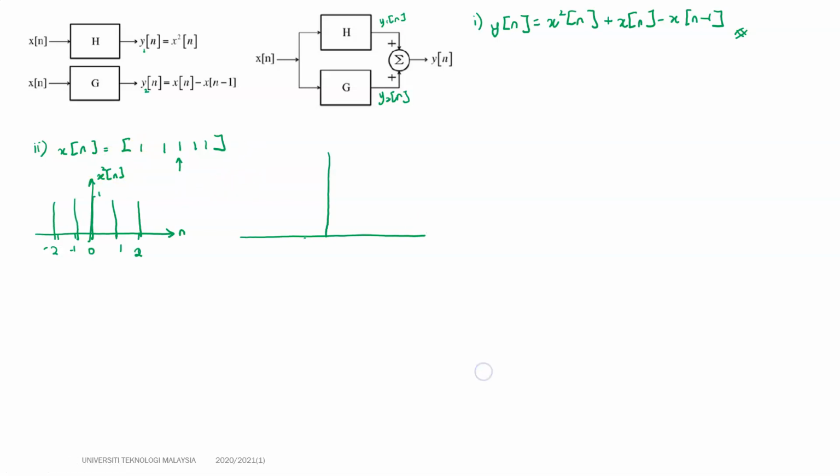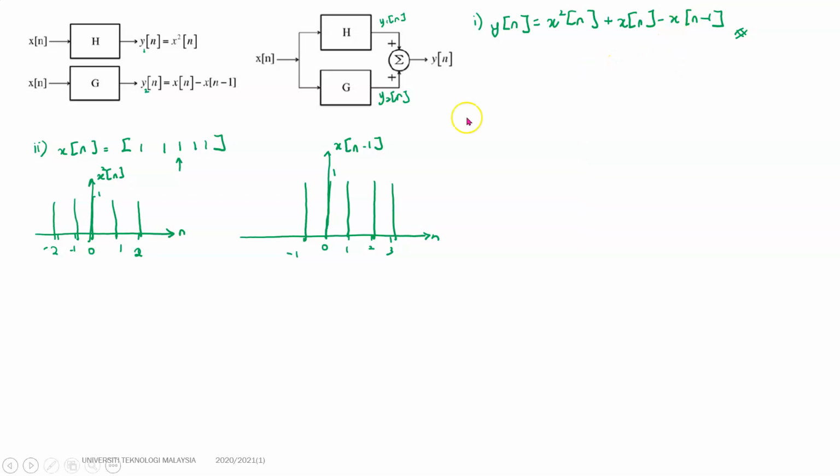So the drawing will start at -1, 0, 1, 2, 3, and the value of the magnitude is 1. So this is the way you do it so that it's easier for you to see the values.